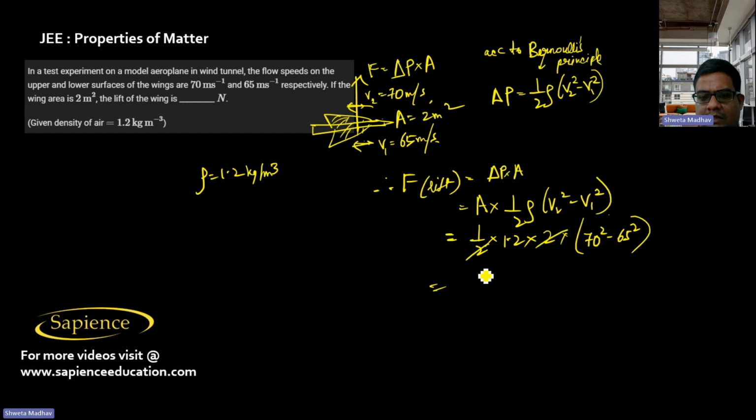So the 2 will cancel. So 1.2 into 70 plus 65 into 70 minus 65. So this will be equal to 1.2 into 5 into 135.